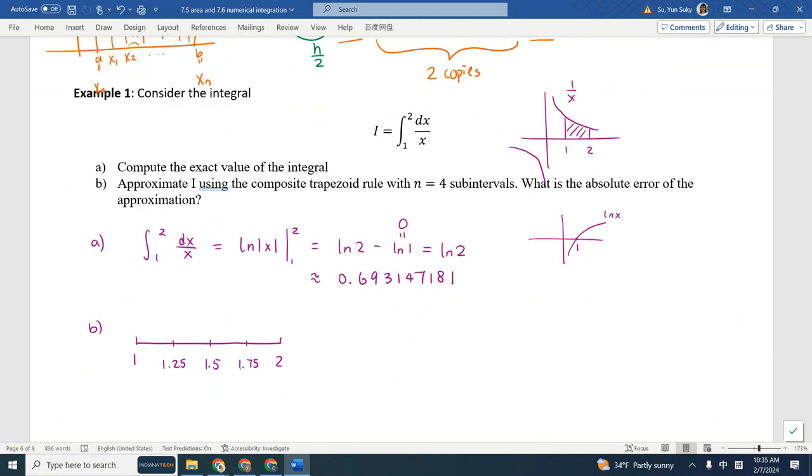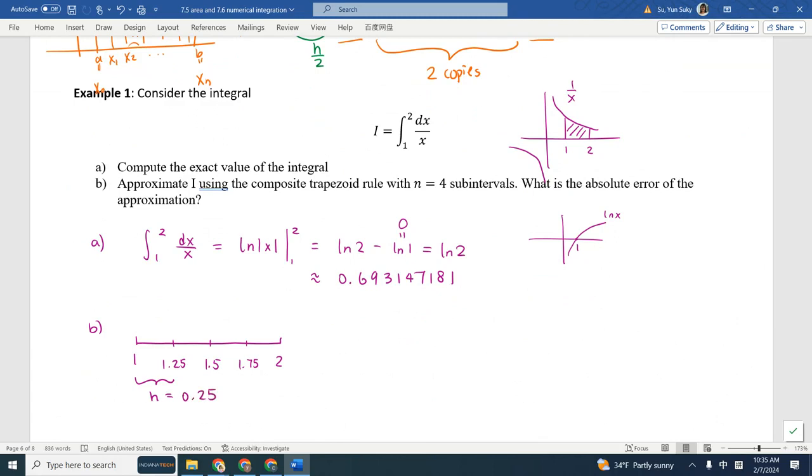So that is the interval from 1 to 2, and we cut it into 4 subintervals. Then h is the step size, which is the difference between 1 and 1.25. What's that? 0.25, exactly.